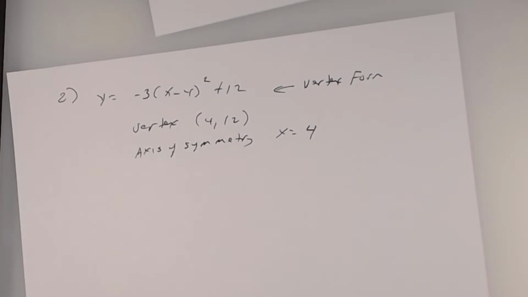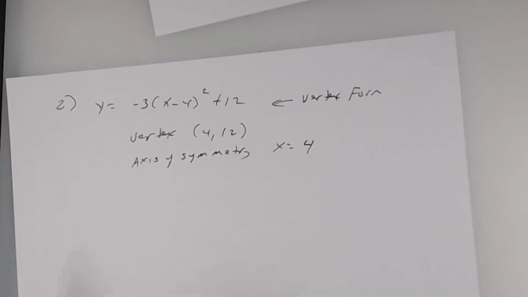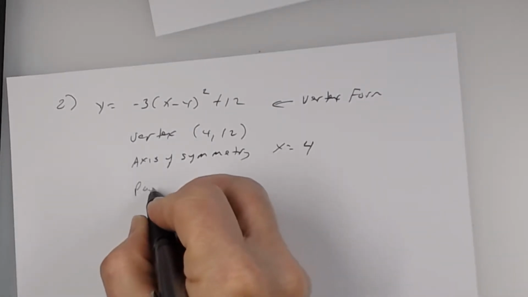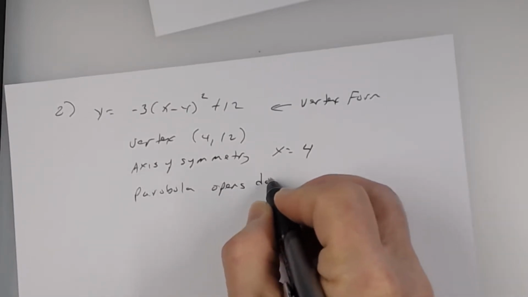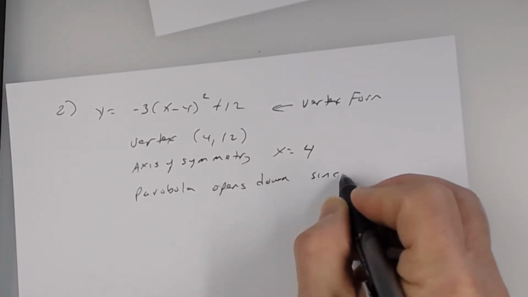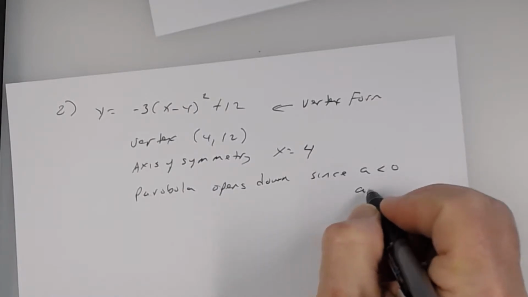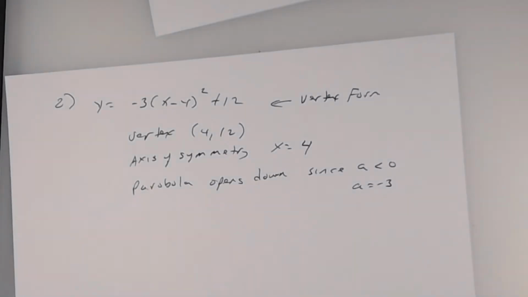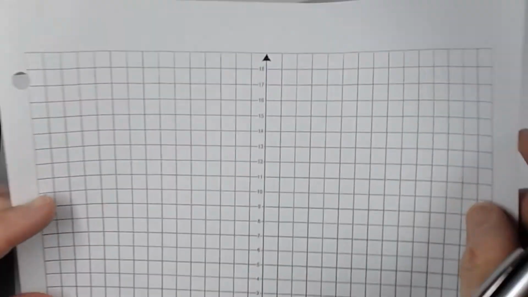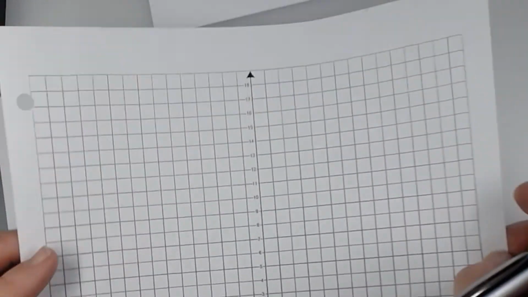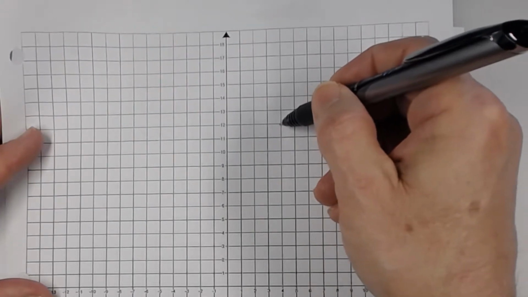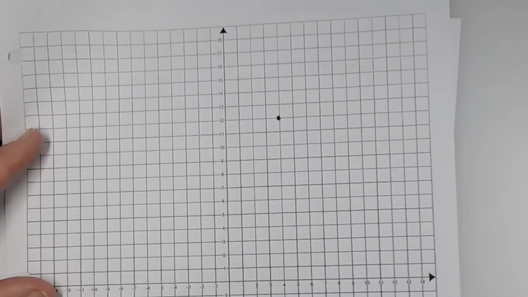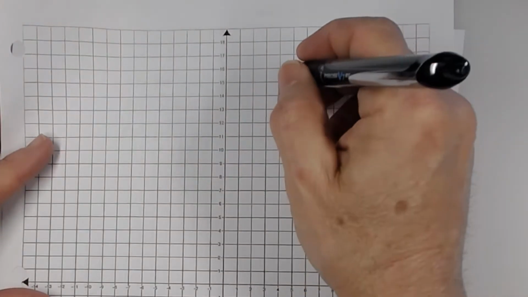Opens down because a is negative. In fact, what is a in this case? Negative 3. So the parabola opens down since a is less than 0. Remember, a here is negative 3. Okay, so the vertex is 4, 12. So 4, 12 is right here, right? All right, and we know it opens down.